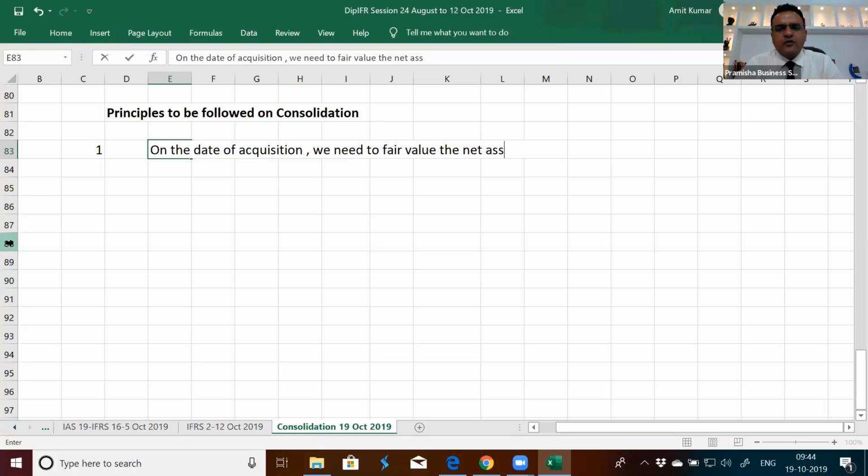This is a requirement of IFRS 3 Business Combinations. If we fair value net assets of subsidiary, there is bound to be an increase in value of assets, which may also result in emergence of deferred tax liability. Two, calculate goodwill.